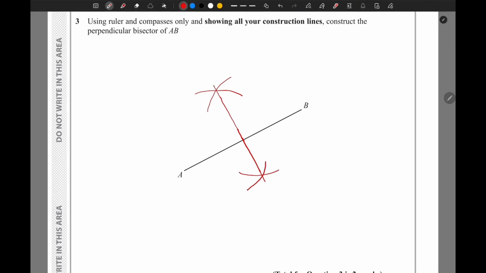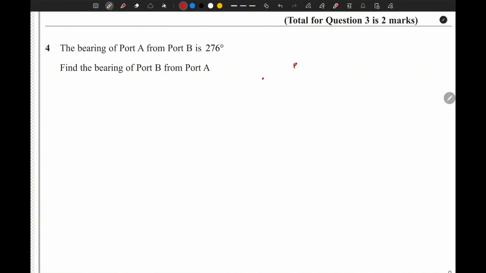Now in the next question, they have given us the information that the bearing of port A from port B is 276 degrees. So let's assume that this is point B, and you need to draw a compass diagram at point B. In order to measure the bearing, you need to count from the north line, starting in the clockwise direction.